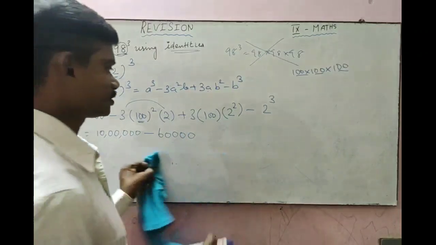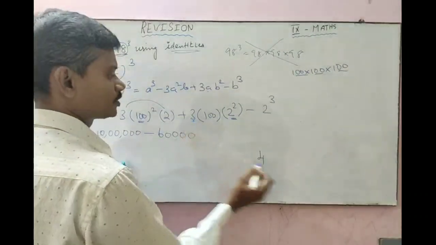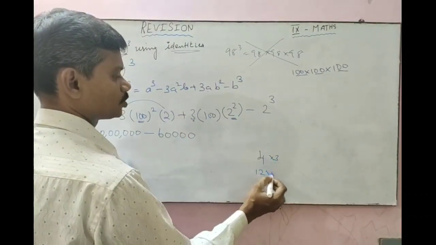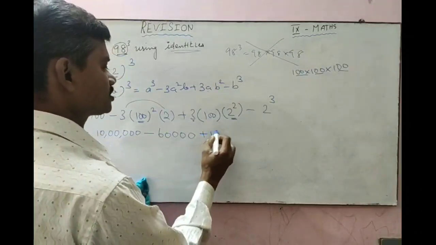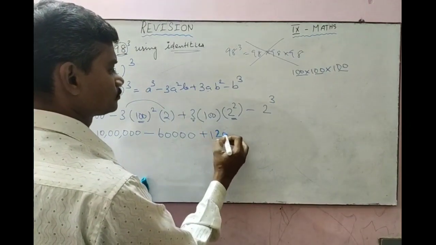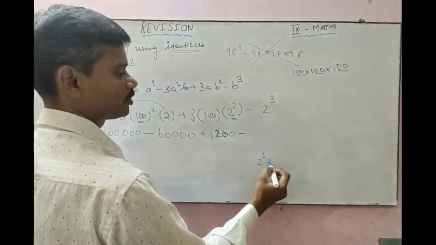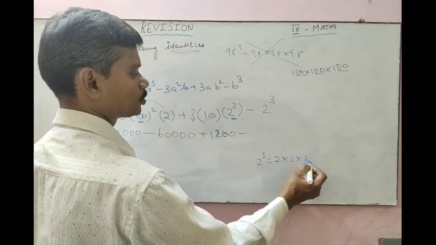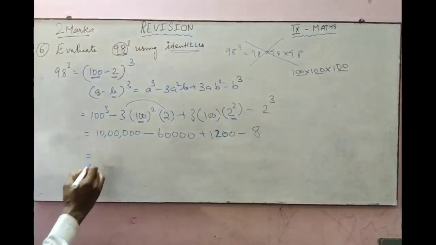Then the third term, 2 square. What is the answer for 2 square? 4. 4 into 3, 12. 12 into 100 gives 1200. So plus 1200 minus the value of 2 cube. How will you find the 2 cube? 2 into 2 into 2, that is 8. Now we have to simplify this.